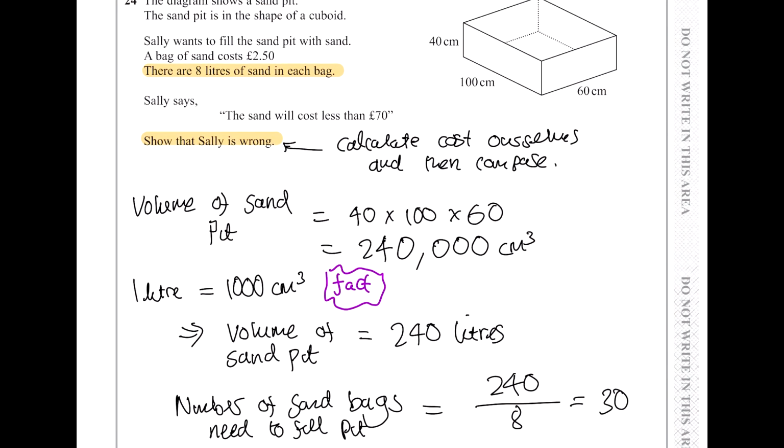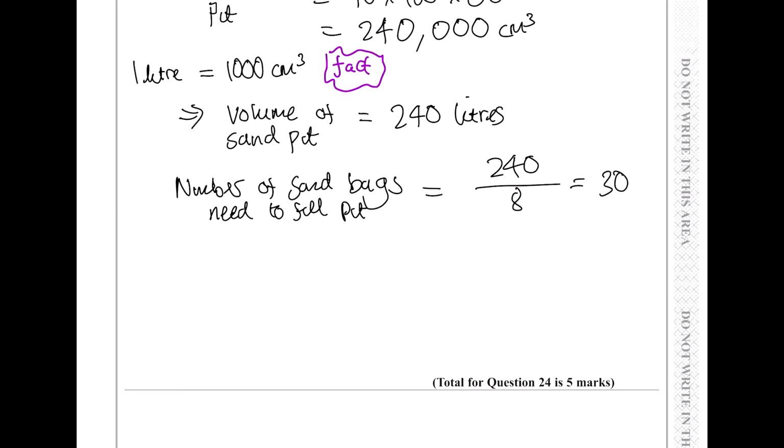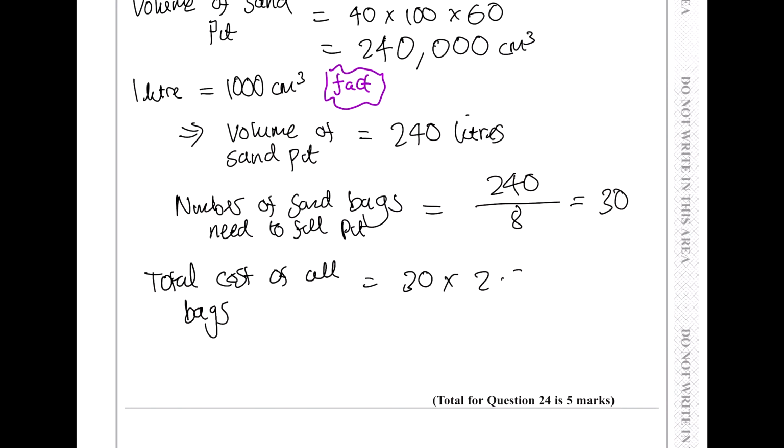Okay. So now we know that the number of bags is 30. We can find the total cost. So the total cost of all bags. Well, we have 30 of them, and each bag costs £2.50. So 2 times that is 60, and then half of that is 15. So 60 plus 15 is 75.